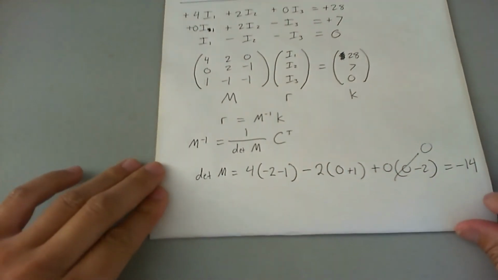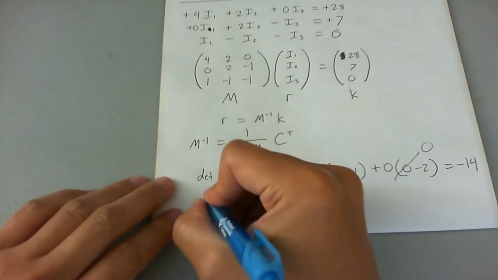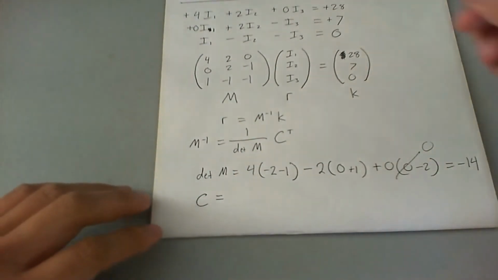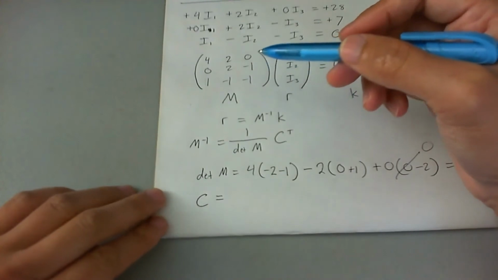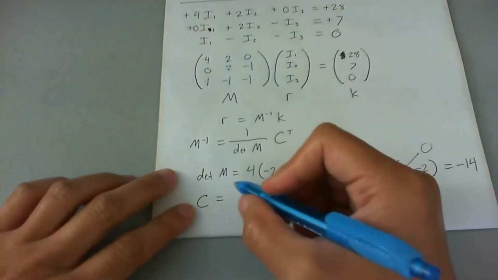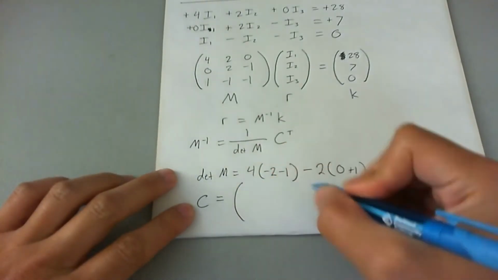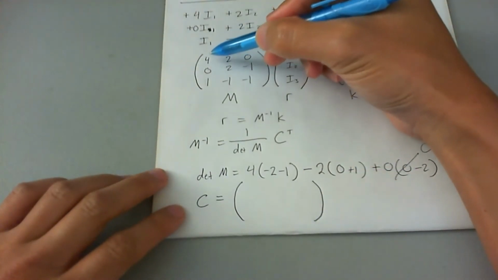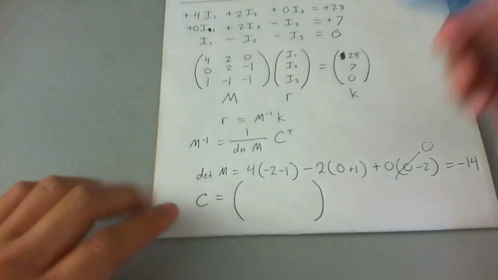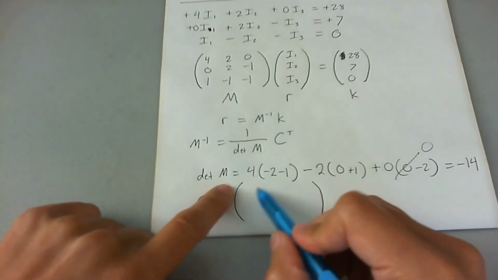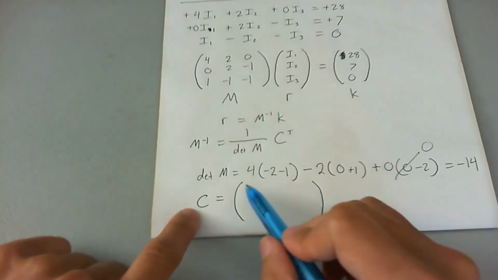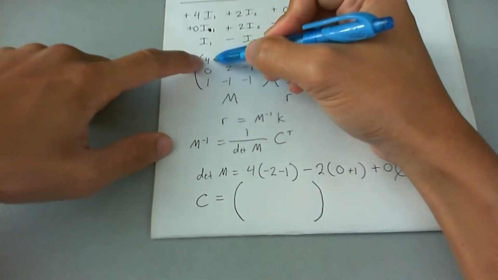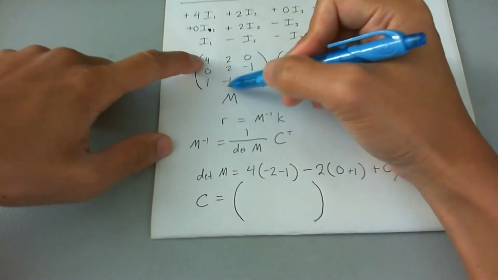Okay, now here's the tricky part. The matrix of cofactors. Every cell in the matrix of cofactors, which I'm going to go ahead and draw out the framework for here, is going to be the cofactor of that particular element of M. So for example, the first element of this 3x3 cofactor matrix is going to be the cofactor of 4, which happens to be these four numbers.